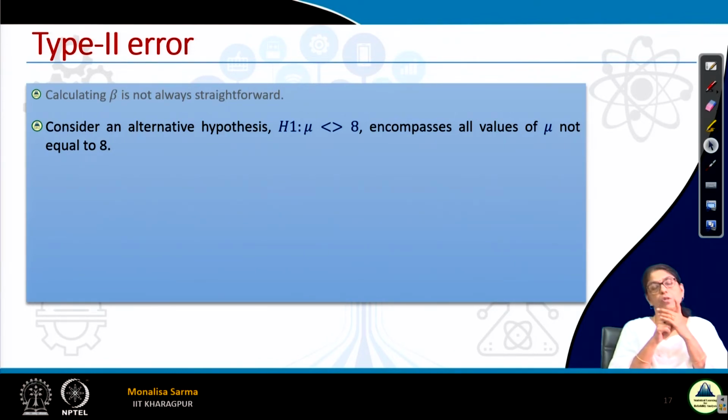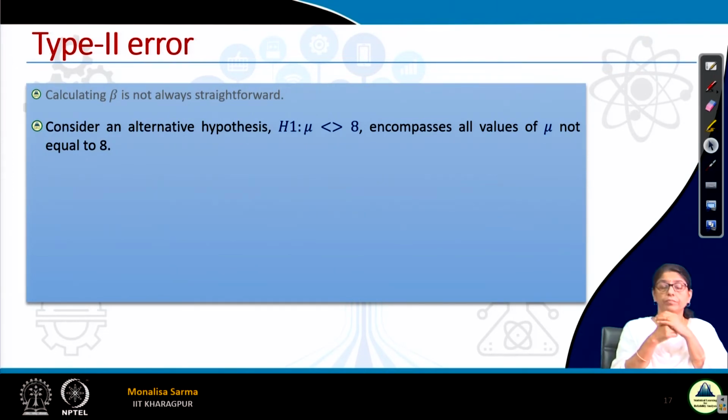I always find the sampling distribution based on my null hypothesis, what we have hypothesized, that mu is equal to 8. So in my sampling distribution, my mean is 8. If I don't have an equality sign, then I cannot have one sampling distribution. I'll have to have many distributions, one for each value of mu.